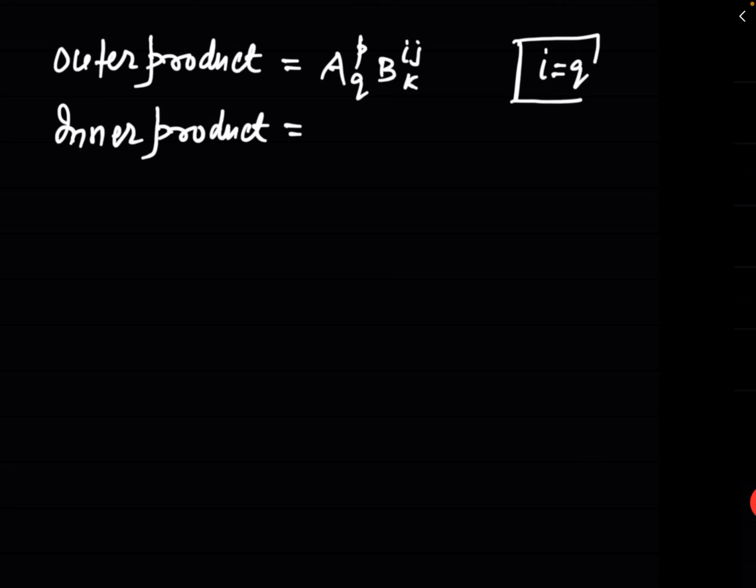So to apply the process of contraction to get the inner product, let us put I equal to Q. So when we take I equal to Q, this inner product of these two given tensors will be A super P sub Q and B, now instead of I, we will write Q, so B super Qj sub K.